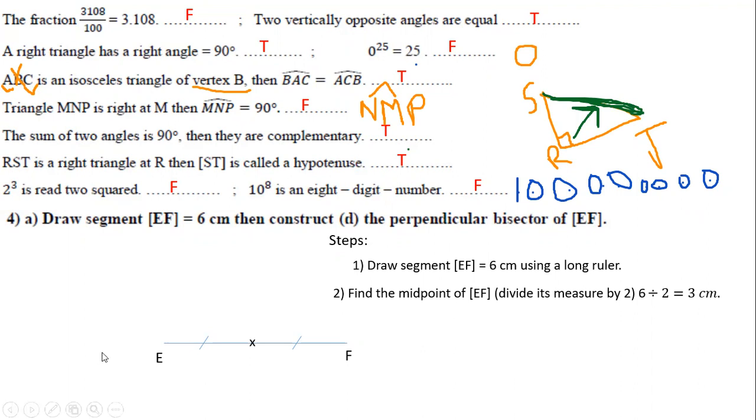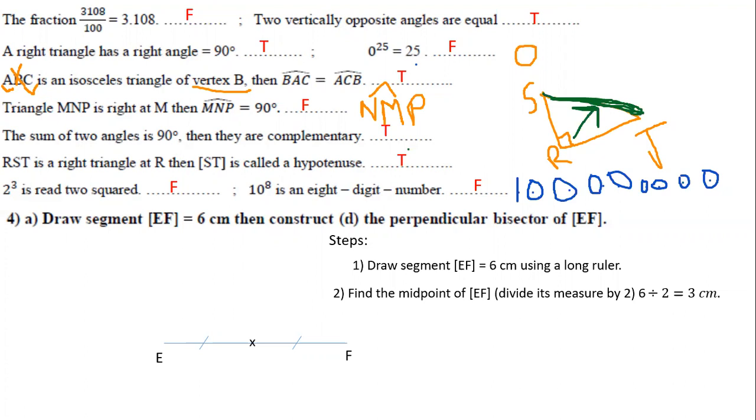If you have marks on your figure, it will ease your work when solving geometry, okay? So that's why I'm stressing marking the figure so that you get used to it. So if we do not mark, we lose marks in the exam? Yes, you will be losing marks, yes.